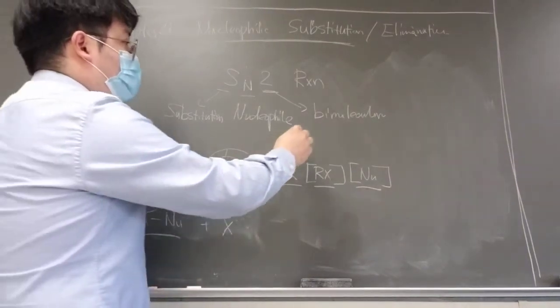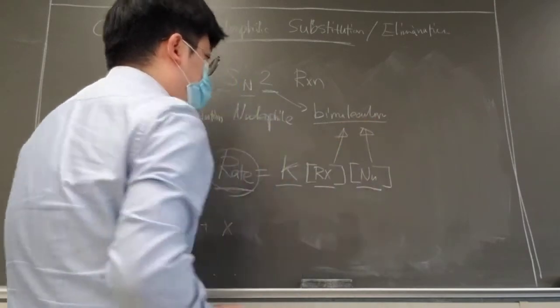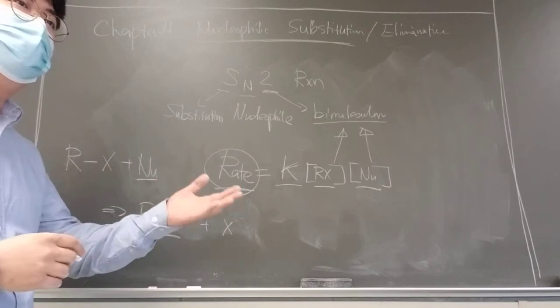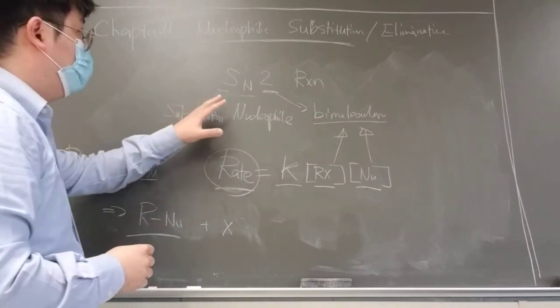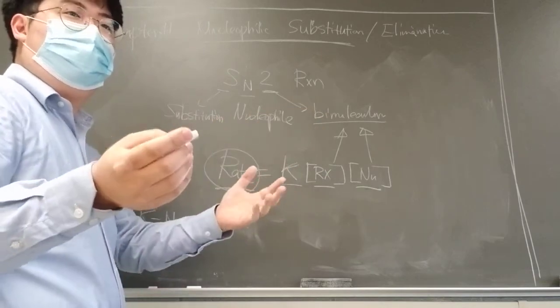So we call this bimolecular, because you have two factors that affect the speed of the reaction. So we call this an SN2 reaction. Makes sense, right? Okay, perfect.